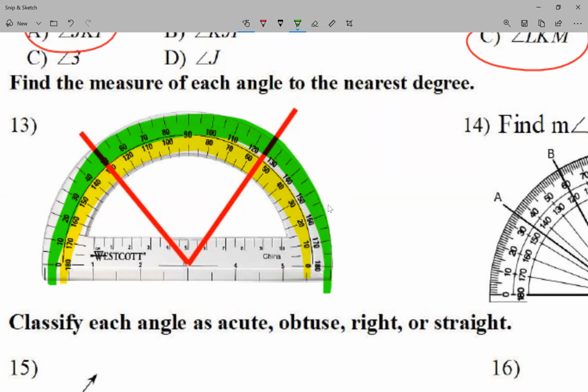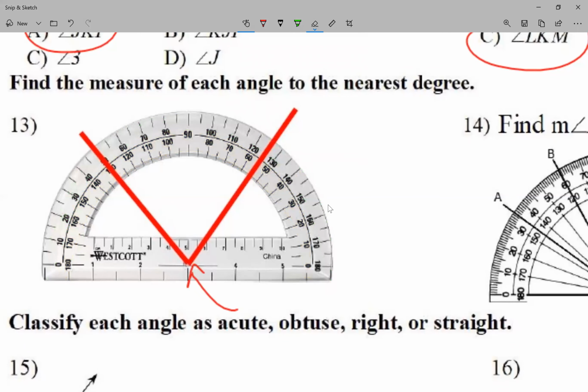Now, the way we're going to be able to measure an angle, notice how that little point where the protractor is, that's where I'm going to put the vertex of the angle. So basically the corner of the angle. I'm going to look on my protractor where the 2 sides cross, and I'm either going to use outside numbers or inside numbers.